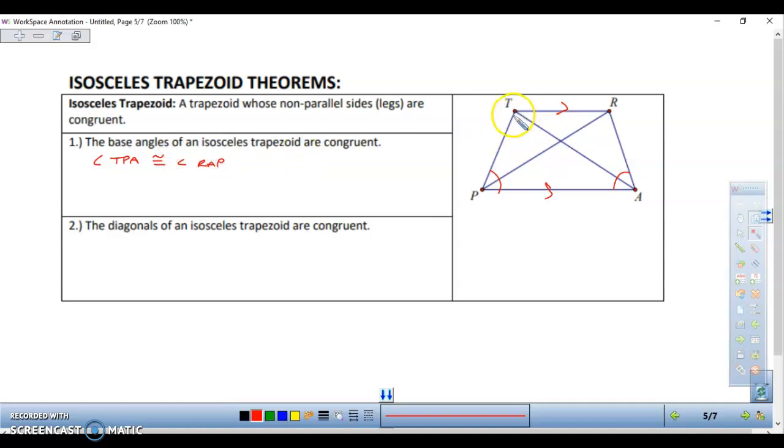And then these other base angles will be congruent. Angle PTR would be congruent, oops, not triangle, to angle TRA. And then the second thing I showed you based on that symmetry is that the diagonals would need to be congruent. So that means that segment TA will be congruent to segment RP.